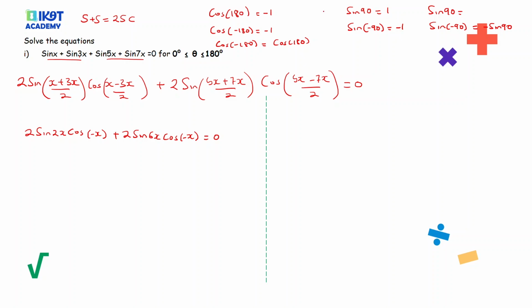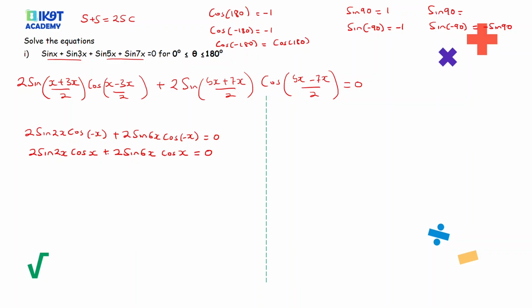That's why here, when I have cos of negative x, I can write this as 2 sine 2x cos x plus 2 sine 6x cos x is equal to 0. Why? Because I've told you that cos of negative x is the same as cos of x, and I've explained why.